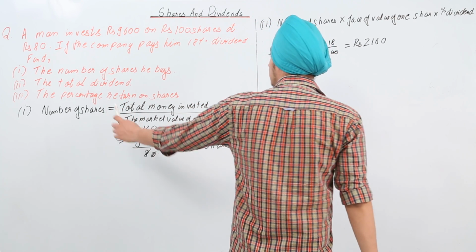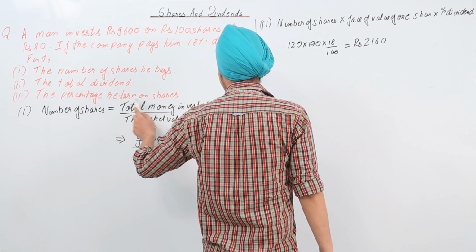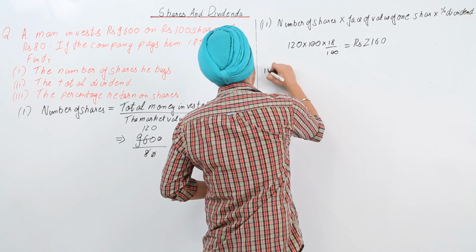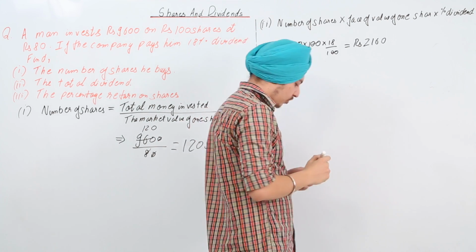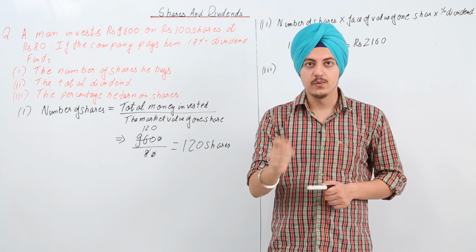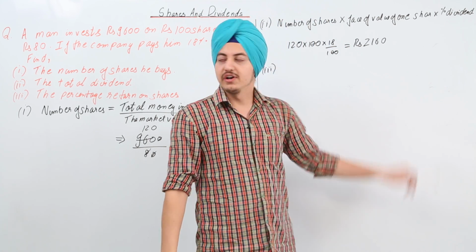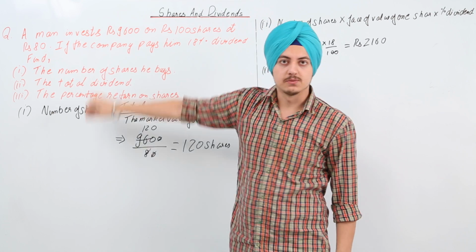Now the third thing we have to find out is the percentage return on shares. Now we know that the percentage return is always calculated on the total investment. This is the total profit. This is the total investment.